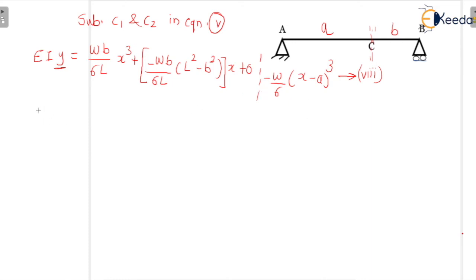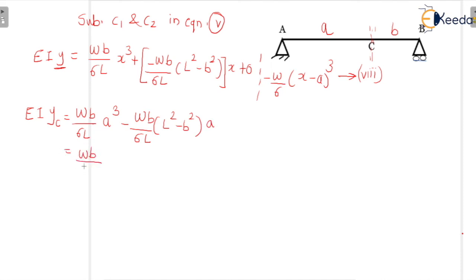So hence we can rewrite the above equation. The deflection at C, YC, is W into B by 6L A cube minus W into B by 6L, L square minus B square A, which can be simplified as W into B by 6L, taking out A square minus L square plus B square.